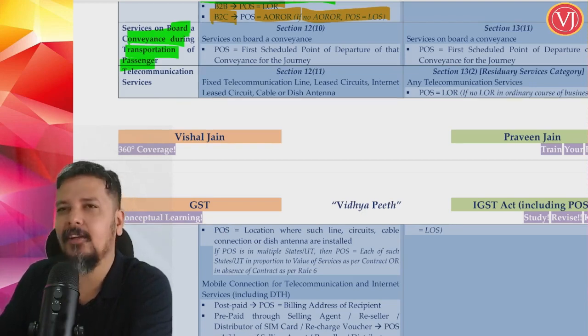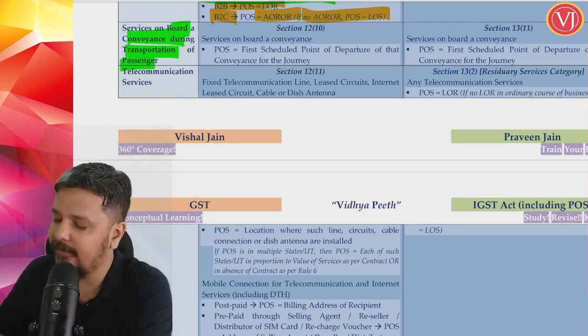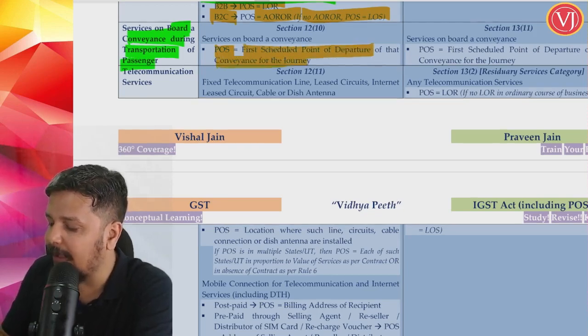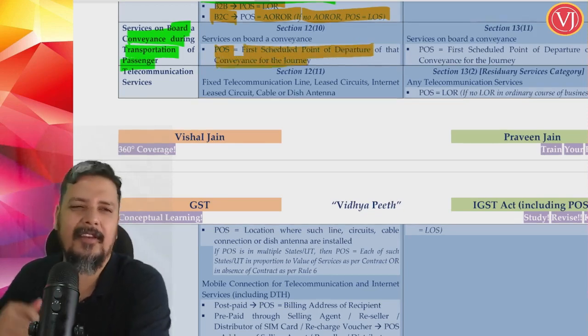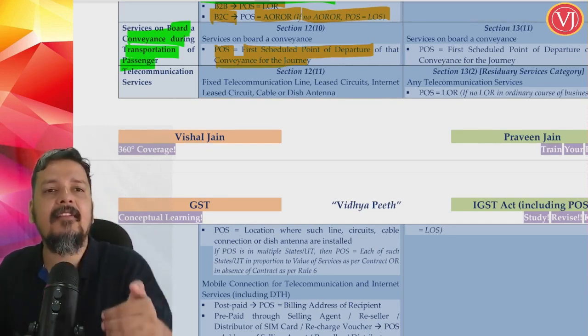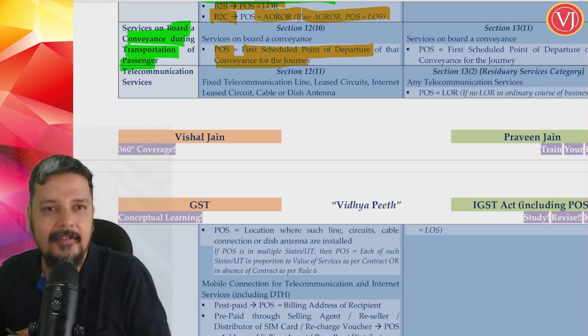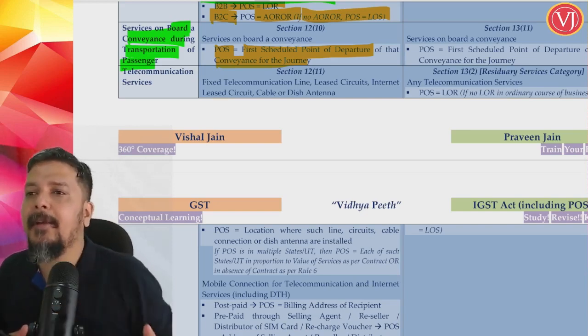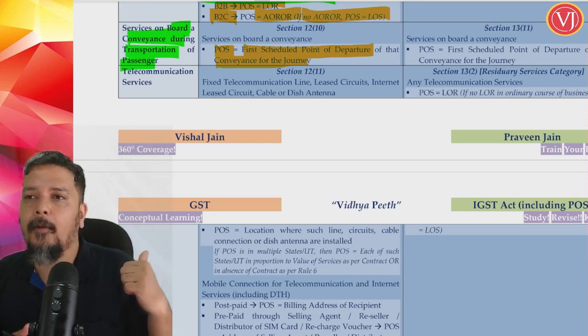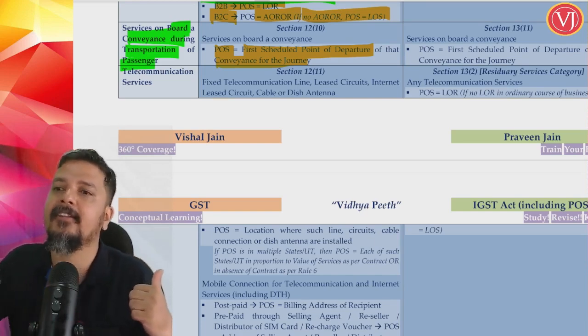Now, if it is section 12, which means LOS as well as LOR is in India, place of supply is the first scheduled point of departure of that conveyance. The same is true in section 13 as well. Now, they cannot see which passenger entered the conveyance. All of us can be the passenger in that particular conveyance. I may have entered at the first point of that conveyance. You may have entered at the third point.